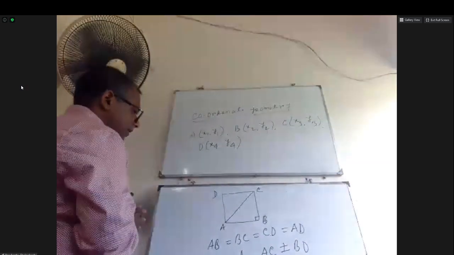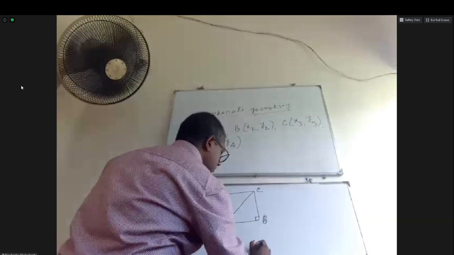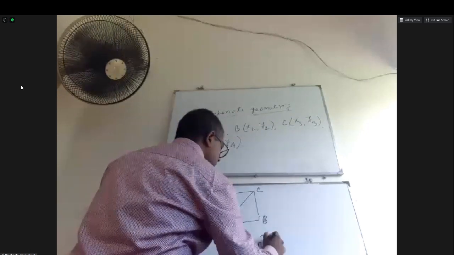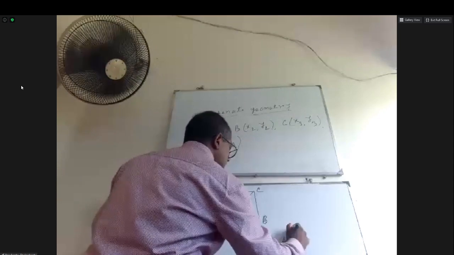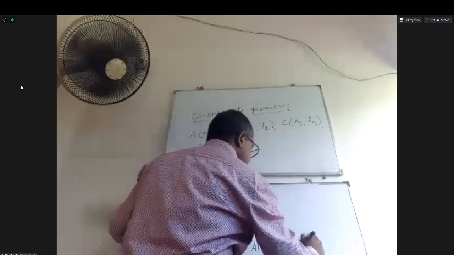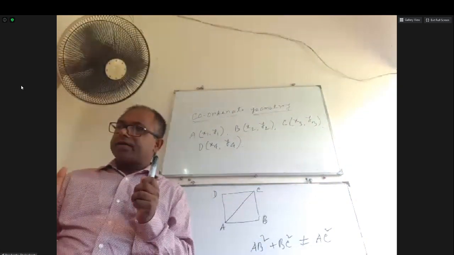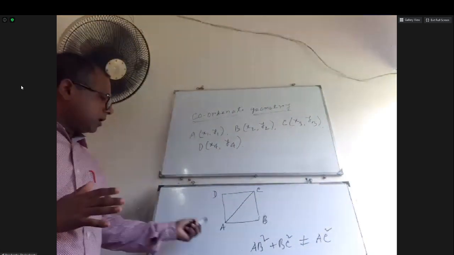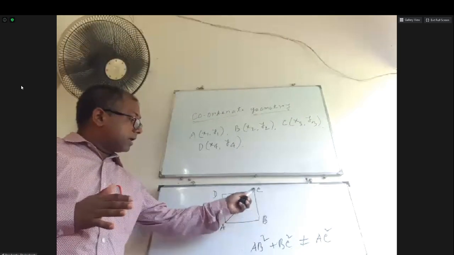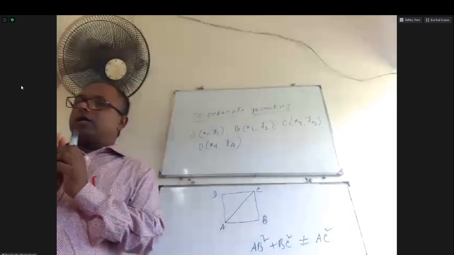And we can also find, if AB square plus BC square is not equal to AC square, that is, the Pythagoras theorem is not satisfied, then we can say ABCD is a rhombus.